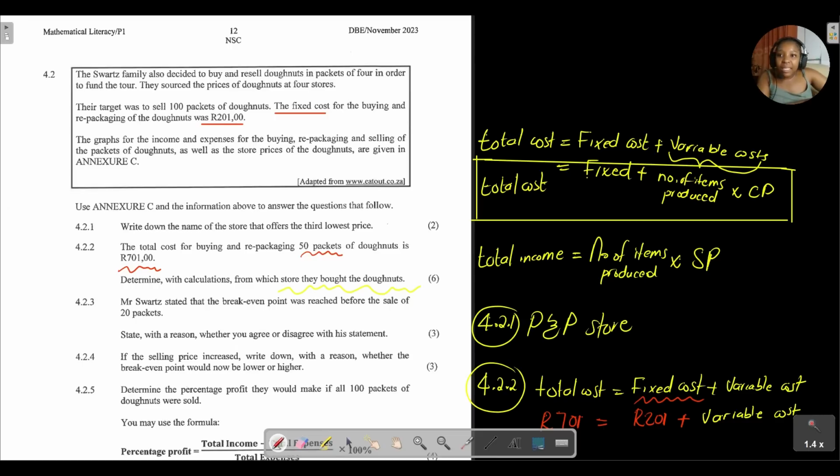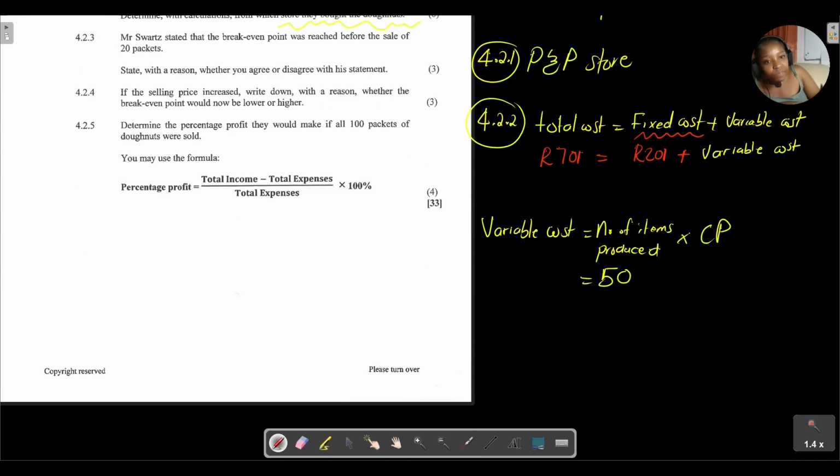So we are going to take that 50, multiply it by 4, and multiply it by the cost price to get the variable cost. So what does this mean? 50 multiplied by 4 gives us 200, multiplied by the cost price is the variable cost.